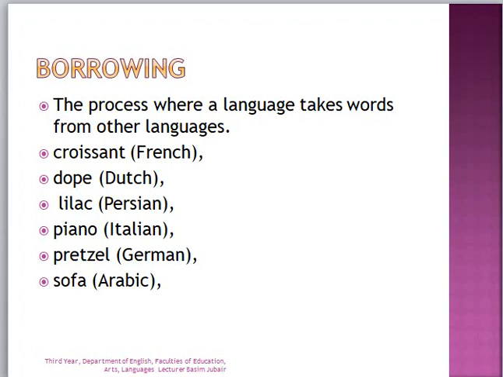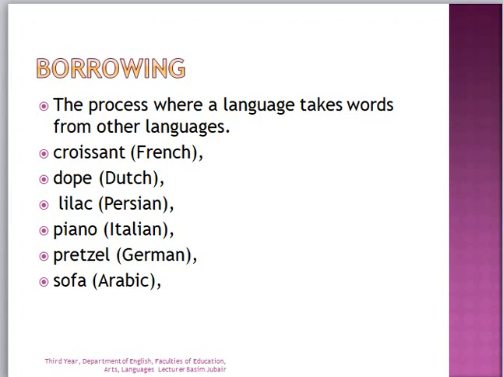I mean, when taking the word crescent from the French, if most of the English speakers use this word, then it is systematic. It is used all over the language. Then it is a borrowed word.